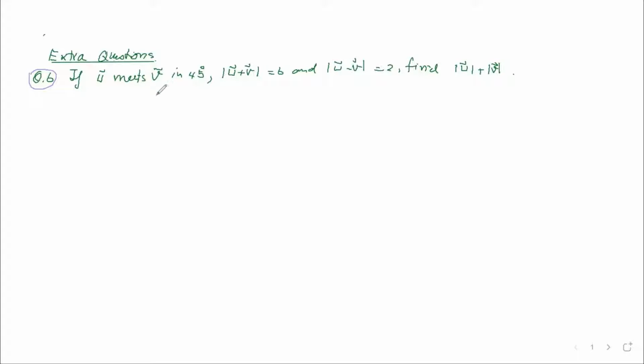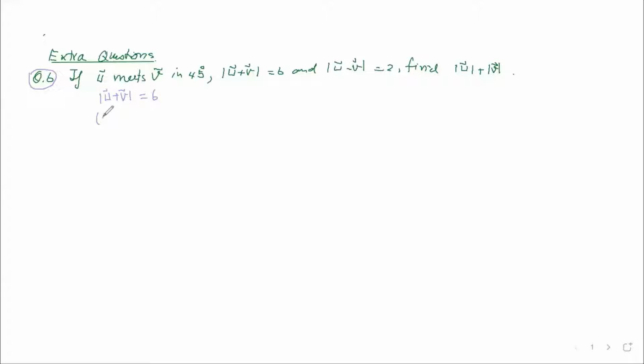In this one, first of all, we start from what the question gives to us. Say the vector u plus vector v equals 6, right? Then we can take both sides to the power 2, because we try to get a single vector u plus vector v there.